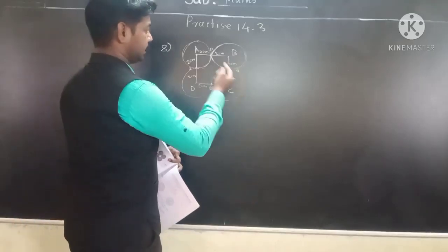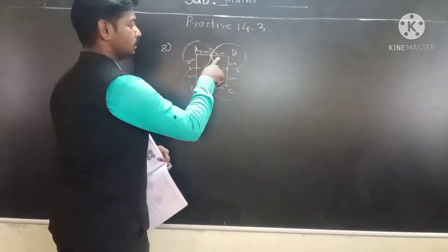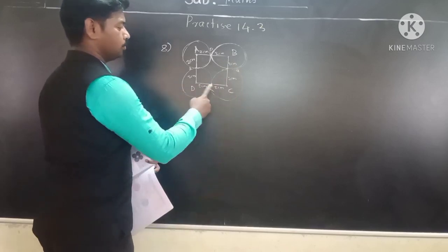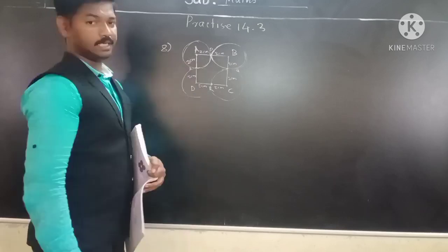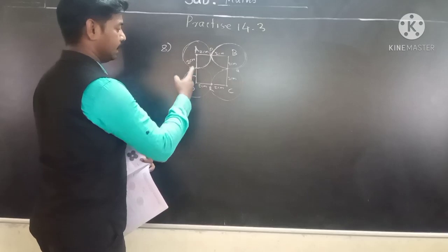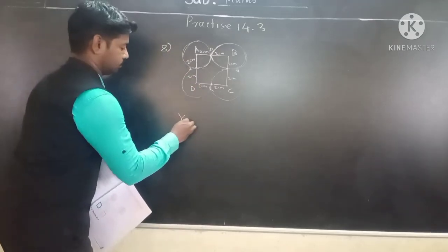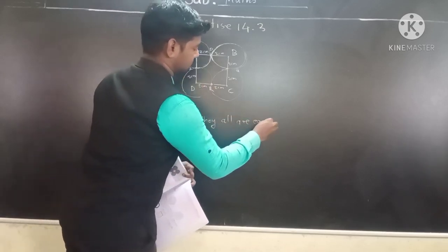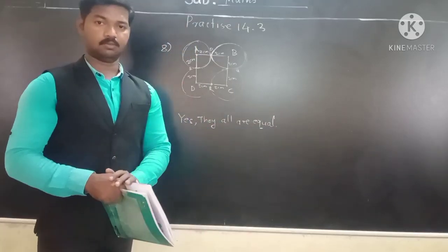When we say AB as a whole, 2 plus 2 is 4 centimeters, and likewise for each side. So AB, BC, CD, and DA, they all are the same, they all are equal. Understood? So solve this practice 14.3 in your notebook.